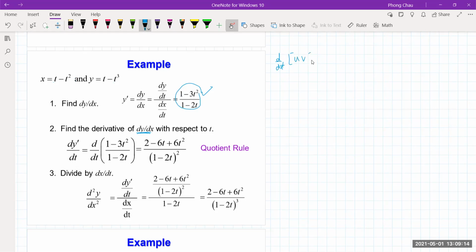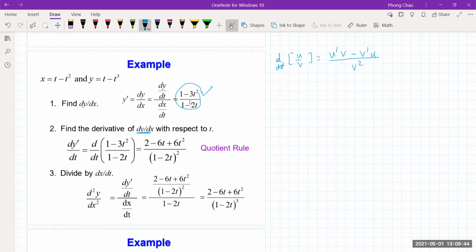I'm talking about the quotient rule, not the product rule, right? So u over v becomes u prime v minus v prime u over v squared. Don't forget the v squared on the bottom.